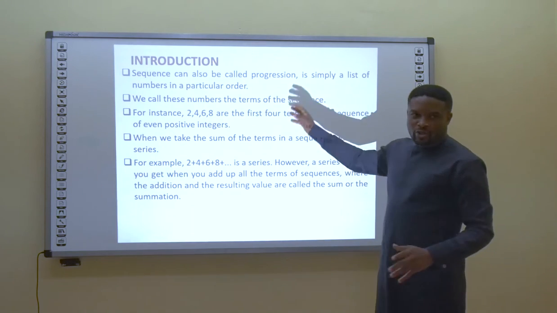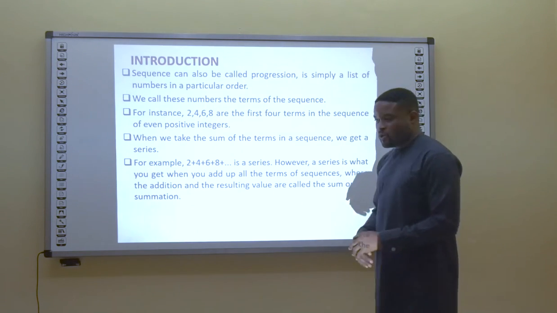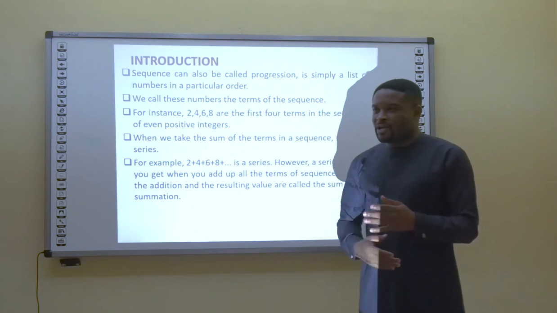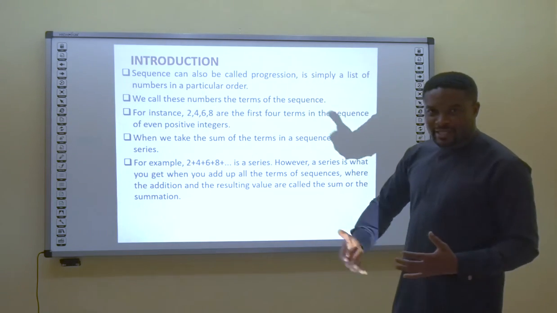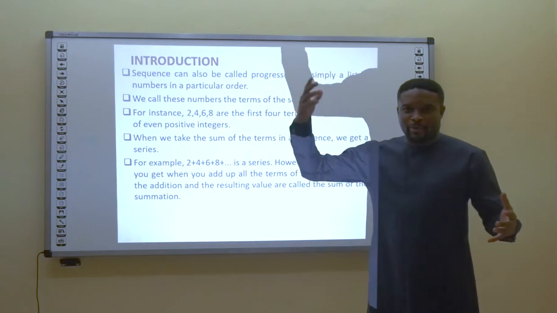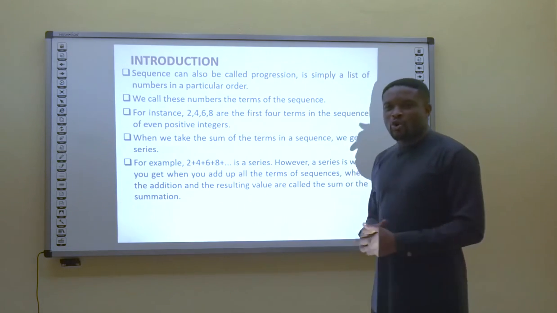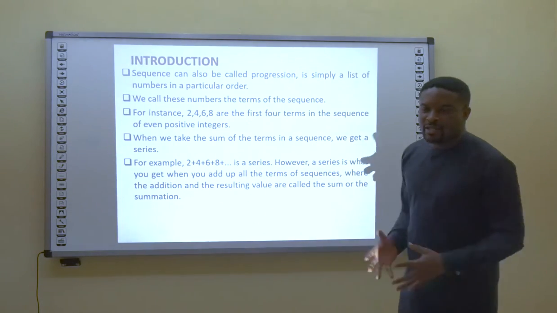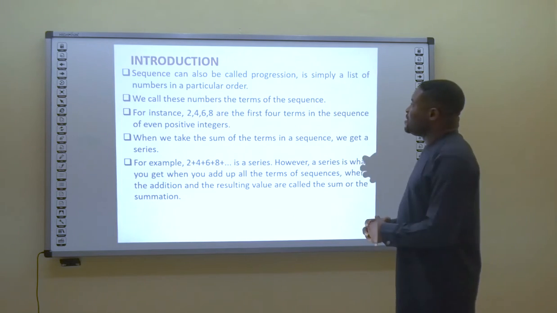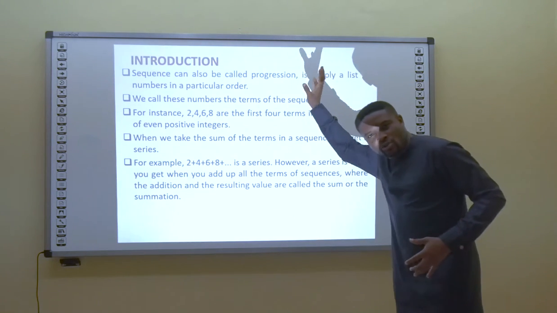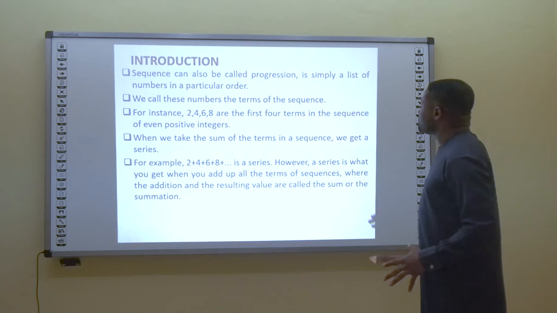Now, sequence can also be called progression because when you say something is sequential, you are simply saying that it moves from one step to another, so it moves in a sequence. So when it is moving in a sequence, we can also call that process progression.